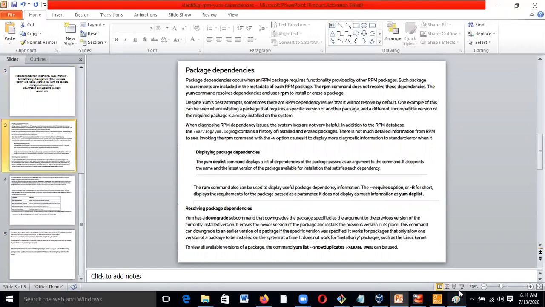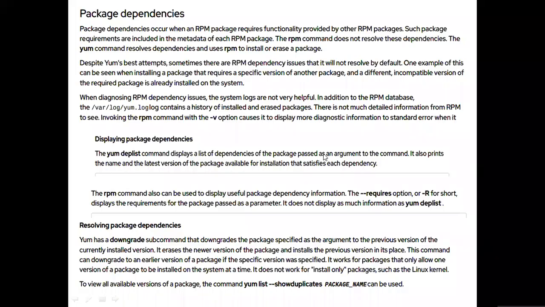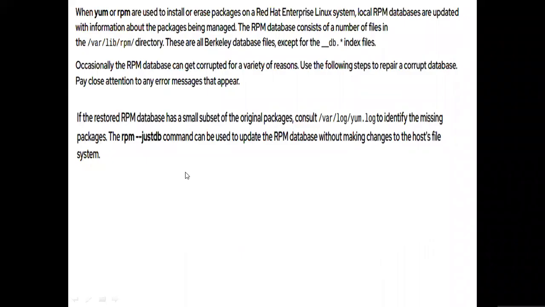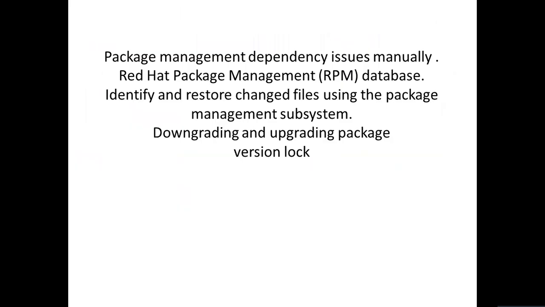We also discussed resolving package dependencies, displaying package administration, and the version lock list, how to clear the list, how we can upgrade and downgrade, and how we can take care of the RPM database. These are the things we discussed.